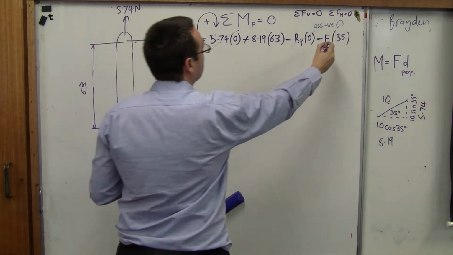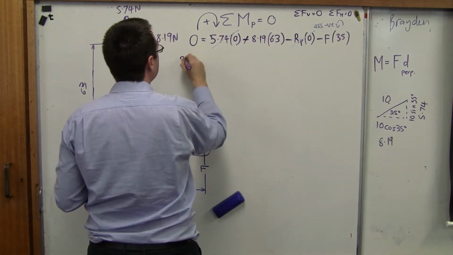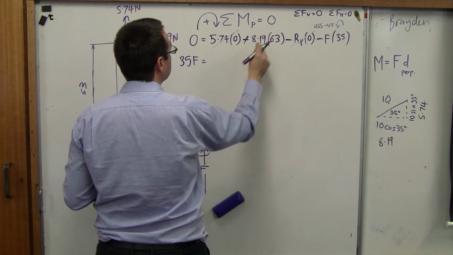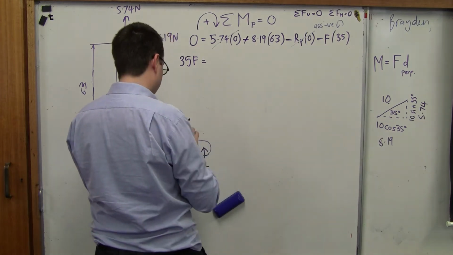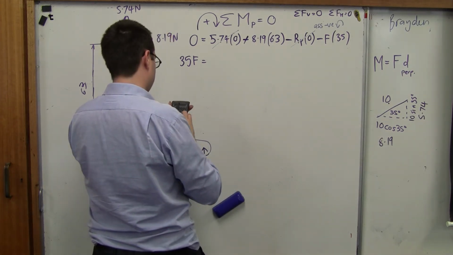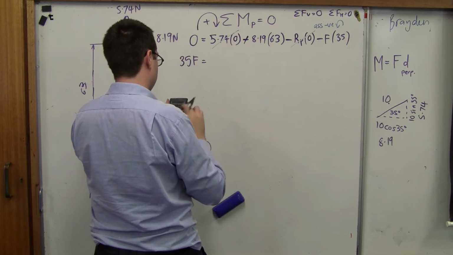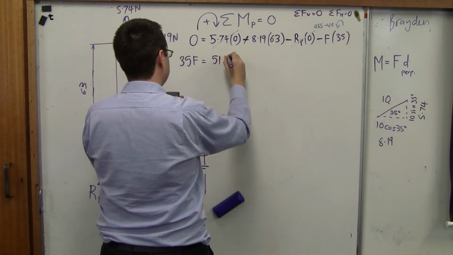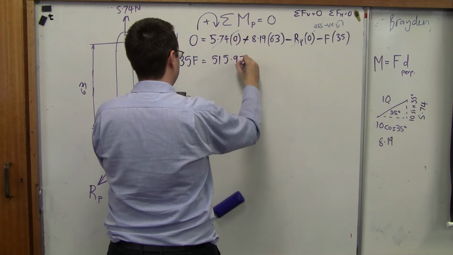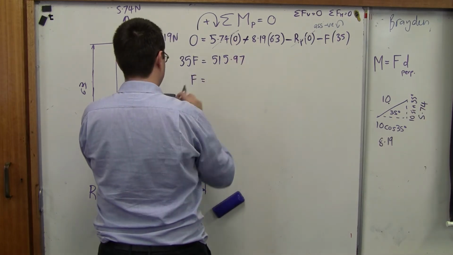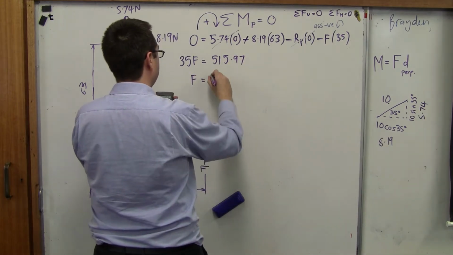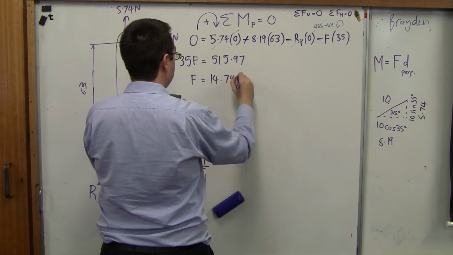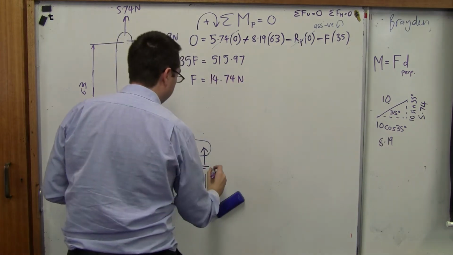So what are we going to have? We're going to put this over the other side, so we're going to say 35F equals, and then I'm going to do the calculation. That means that F equals, dividing the number by 35, 14.74 newtons, right?